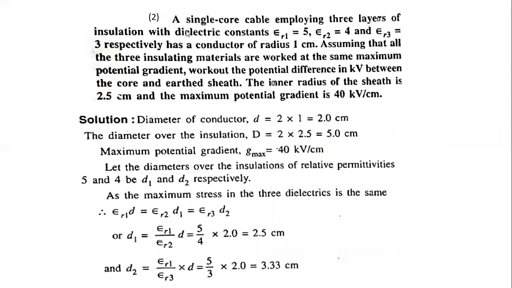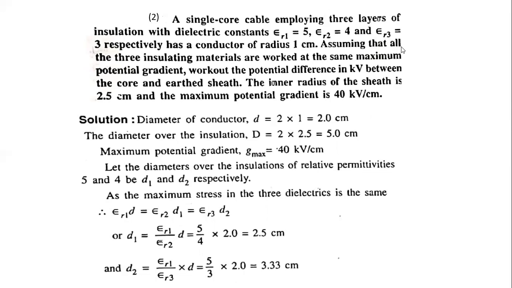Next, coming to the second problem. A single core cable employing 3 layers of insulation with dielectrics epsilon R1, epsilon R2, epsilon R3, where epsilon R1 is 5, epsilon R2 is 4 and epsilon R3 is 3, has a conductor of radius 1 centimeter.